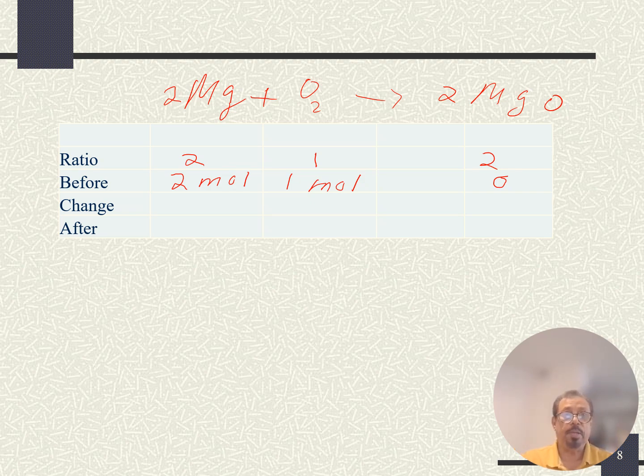Here the ratio is 2, and here the ratio is 1, and 2. If they are the same, then they will have the same amount of moles. So when you ask how many products you're going to have, you're going to have the same number of moles, so it is plus 2 mole.